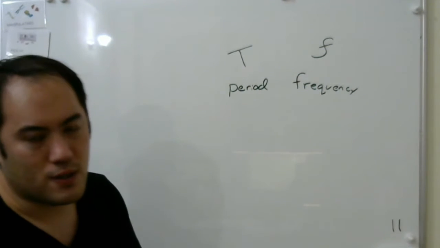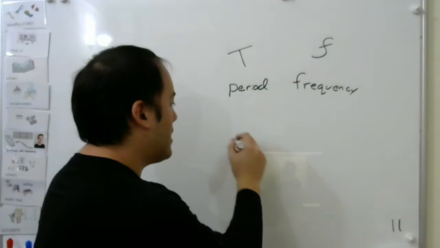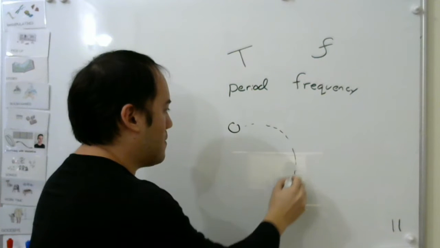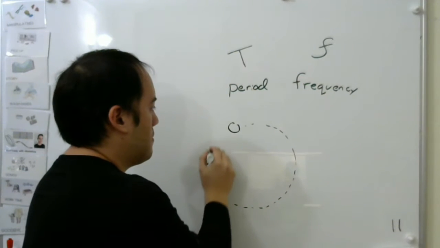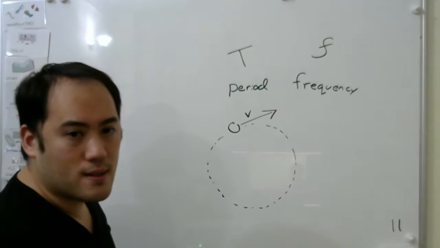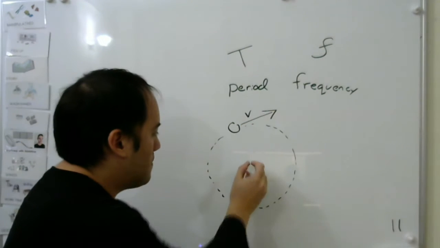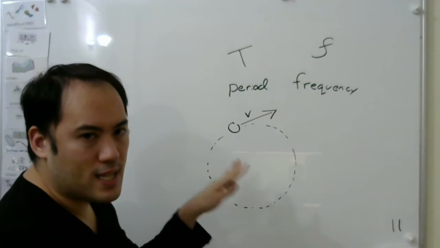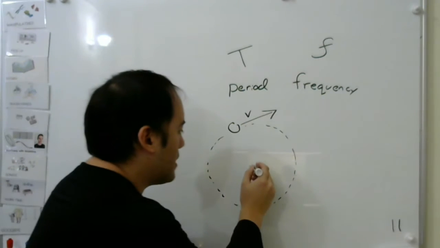So that's pretty straightforward. So we got a nice object going in a nice circle with velocity v. Here's the center of the circle. How do we find the velocity of this circle?